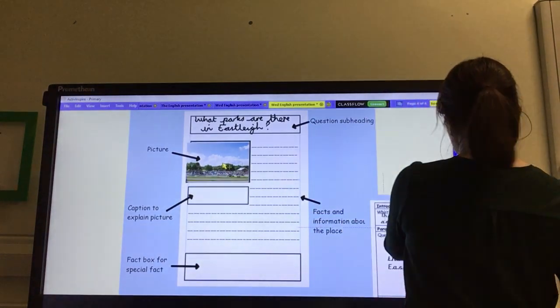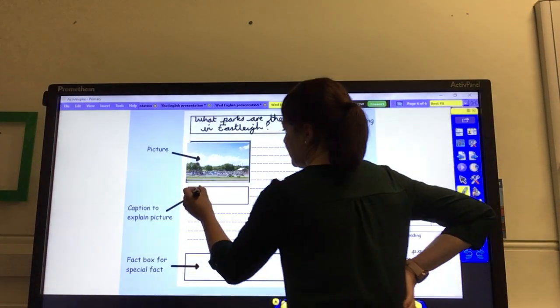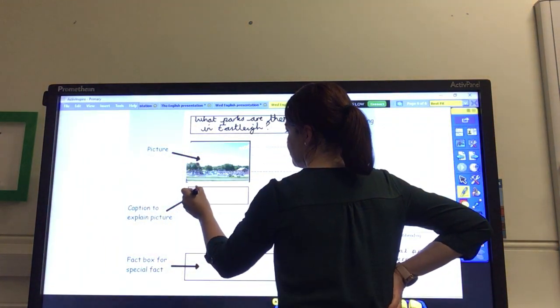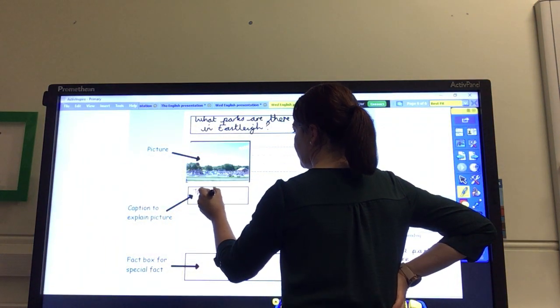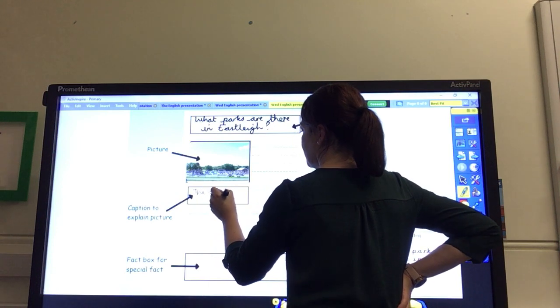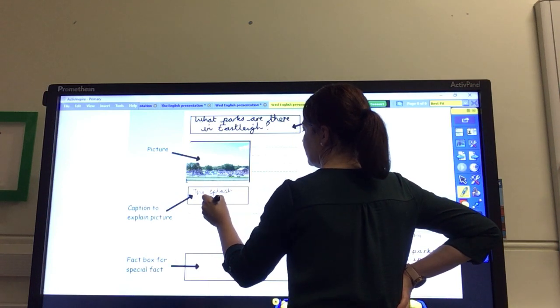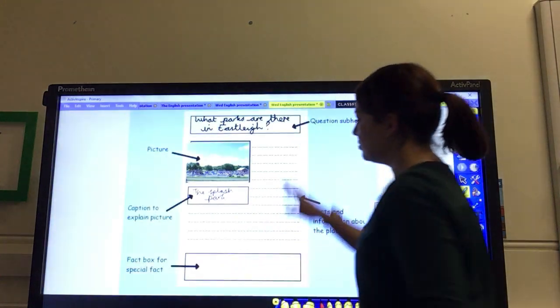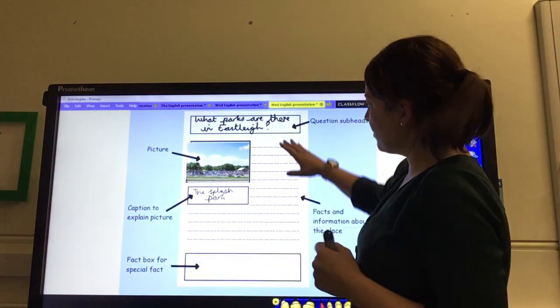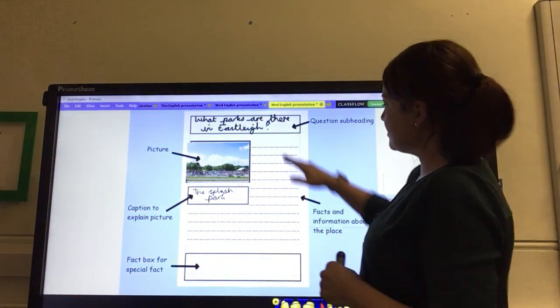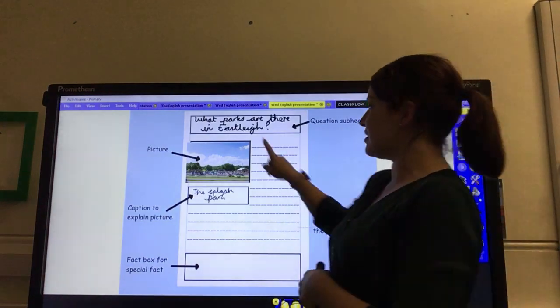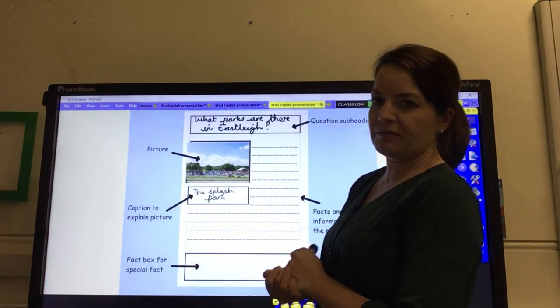And then my caption is, I'm going to have to make it a bit shorter on the board because my writing won't fit in, I'm going to put the Splash Park. Now, all of this space is for my writing which isn't on my plan. This is my space to write some lovely sentences to tell you all the facts that I know about Fleming Park.